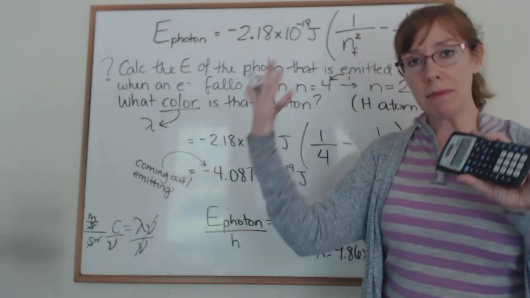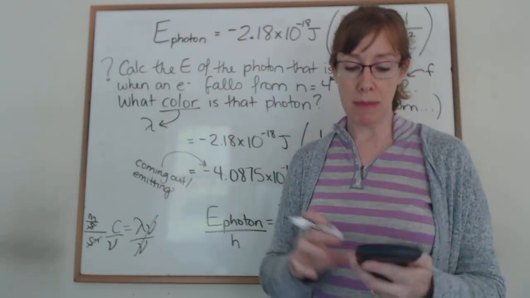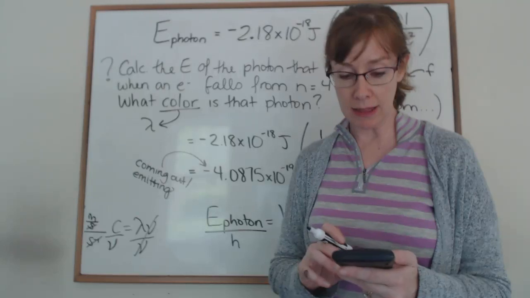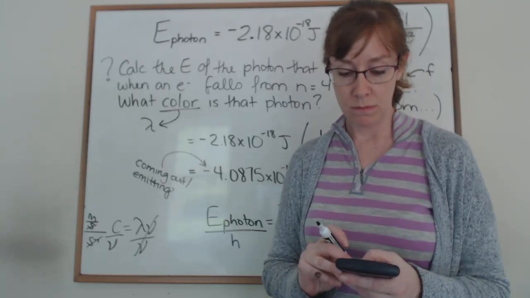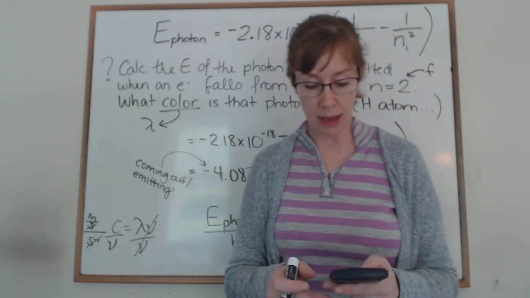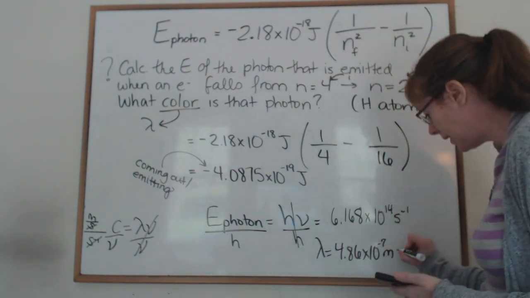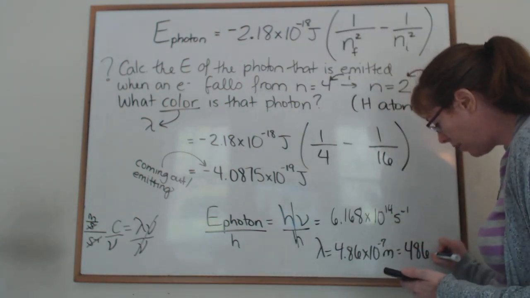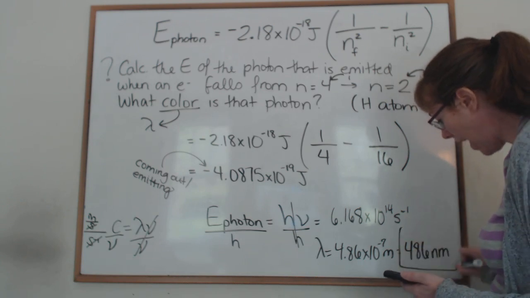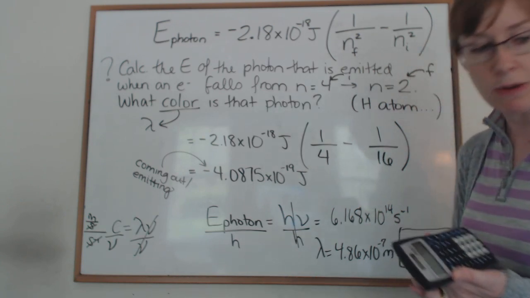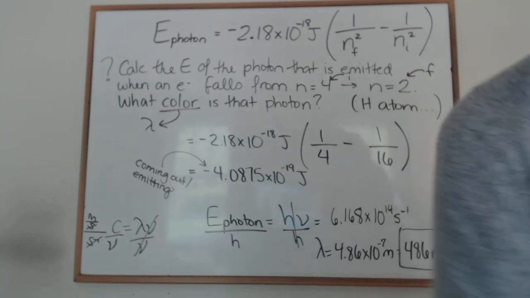Now, to give meaning to it, let me put that into nanometers. I'm going to multiply it by 10 to the 9th, and I am getting 486 nanometers. Now, I don't know what color that is. However, we have a chart that will tell you.